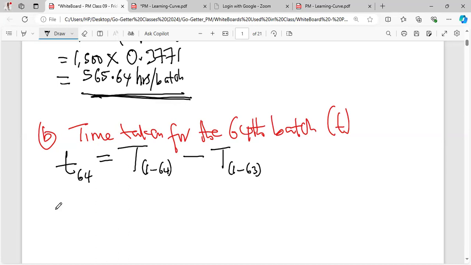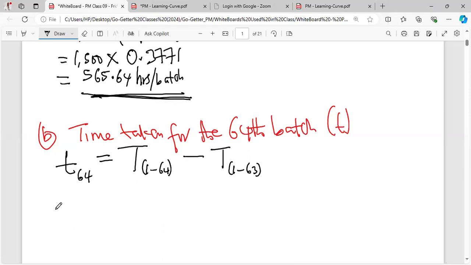But you need to first of all measure the whole of 64 and mark it. Then come again and measure from 1 to 63 and mark it. The difference between the two markings is the time taken for you to move from the 63rd floor to the 64th floor. Just like somebody with 64 years and he has to climb from the 63rd year to the 64th year.